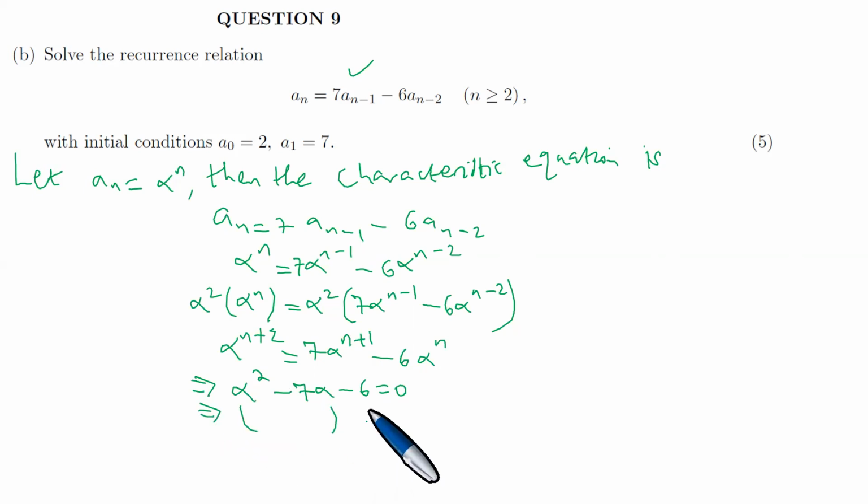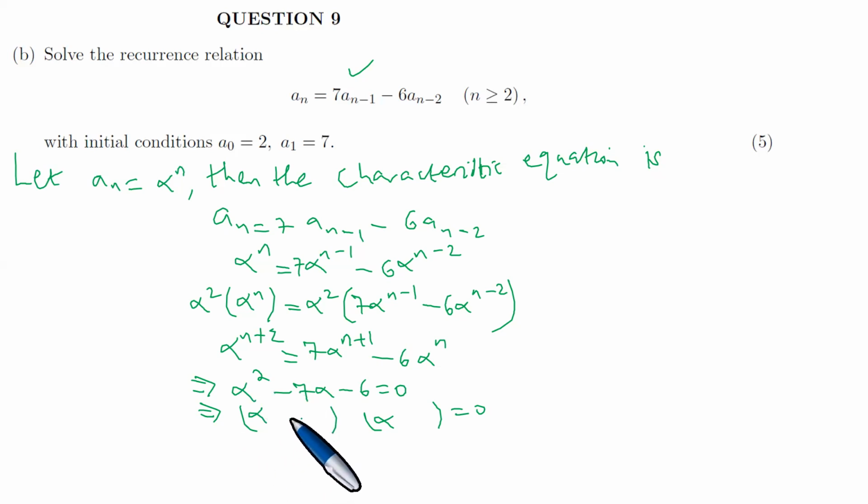This one is clearly a quadratic equation. So you have alpha, alpha. Let's just finish this one. Let me see what you're getting here. What are the factors of these?